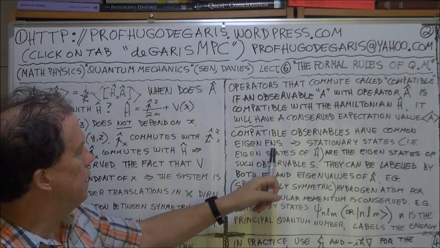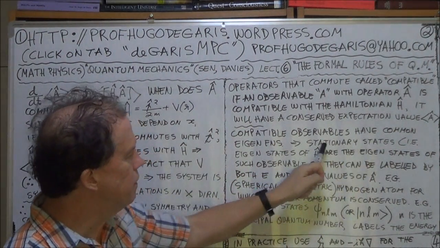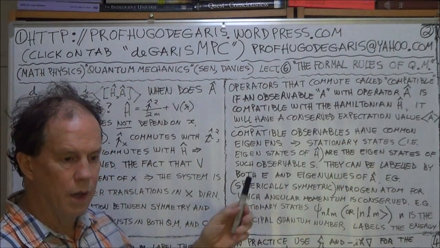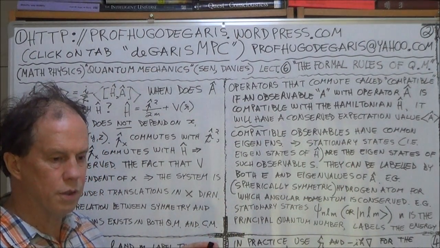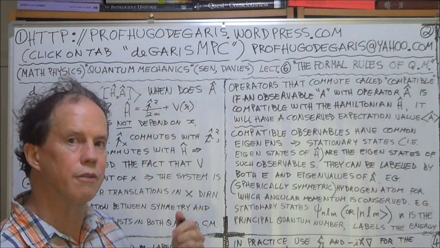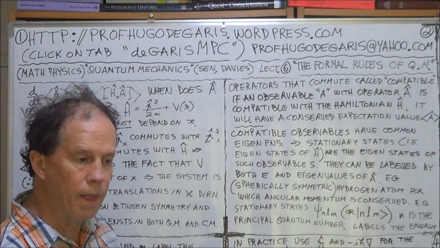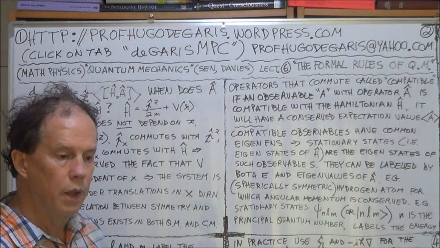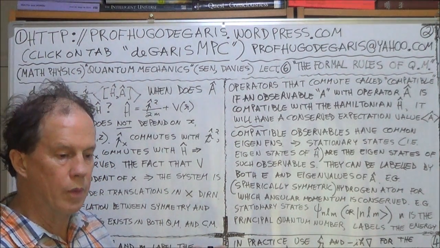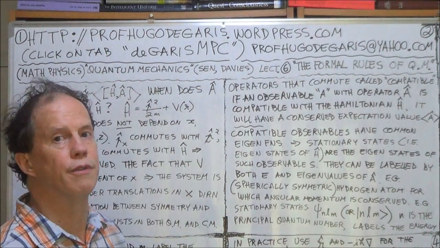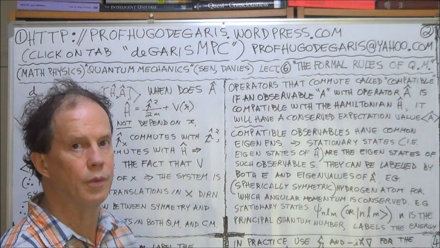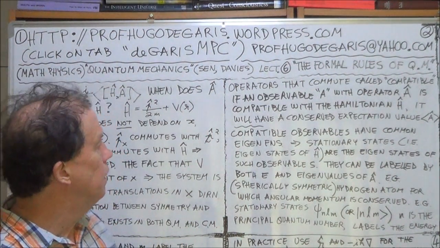So if you have stationary states, what's that? A stationary state is an eigenstate you get, an eigenfunction you get for your Hamiltonian when your potential, your V, is not a function of time. It's only a function of position.